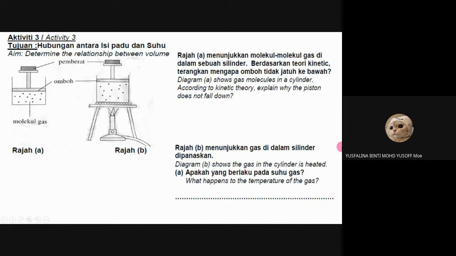Let's say this is diagram A and diagram B. Diagram A shows gas molecules in a cylinder, and according to kinetic theory, explain why the piston does not fall down. Even if I put a load on top of the piston, it will not fall down. Why? Anyone want to try?